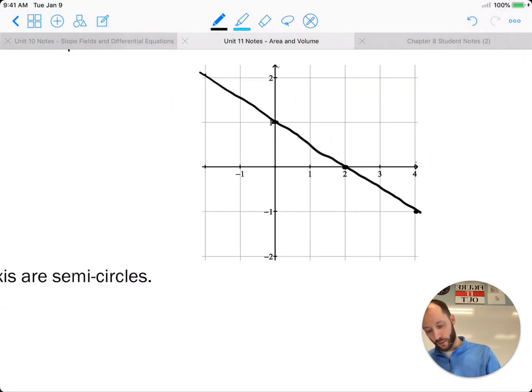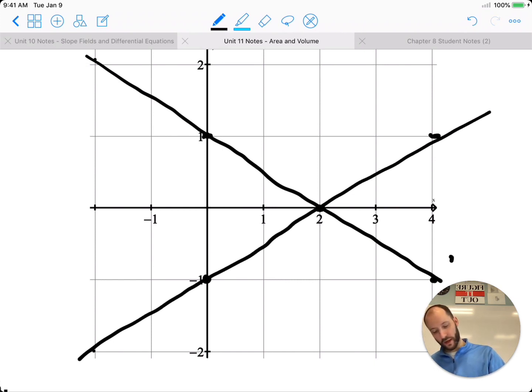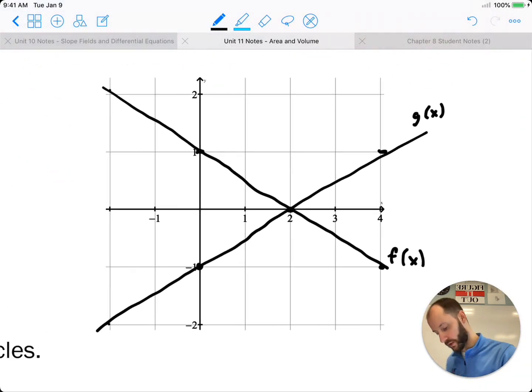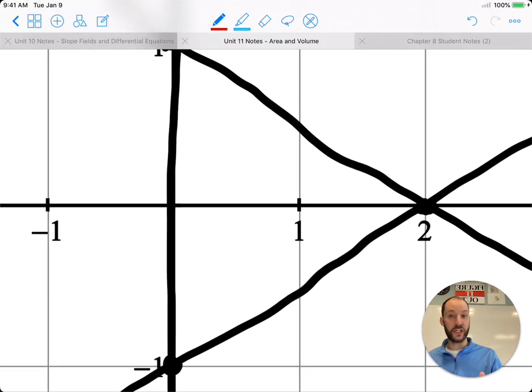So up to negative 1, slope of positive 1/2. And then drawing a better line than that. So we have f of x, we have g of x, and then we have x equals 0, so the y-axis. So here's our region, okay?